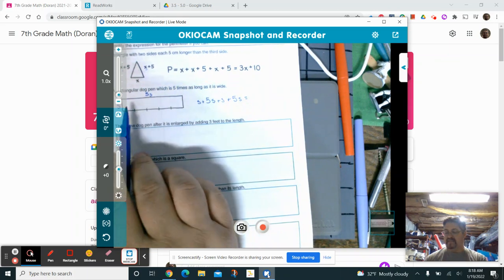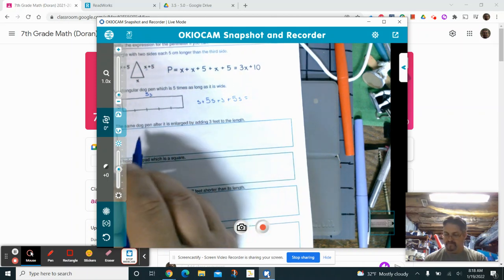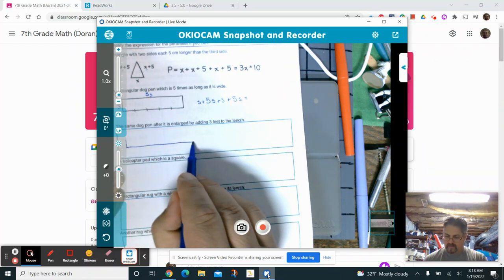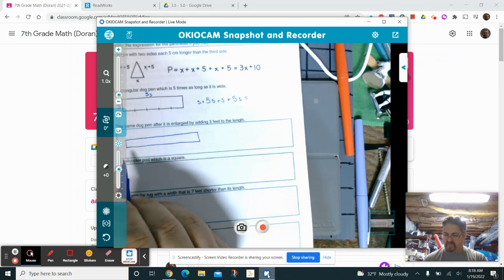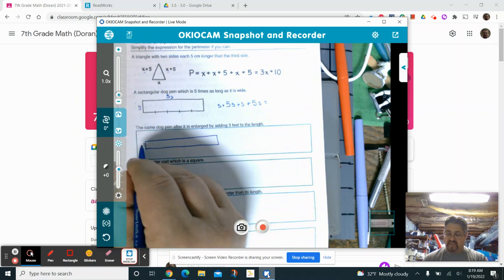Wait a minute. It doesn't say how long each S is, does it? This is the tricky one. Okay, here's my box. It doesn't look very pretty, but it's a box. This side is still the same, right?